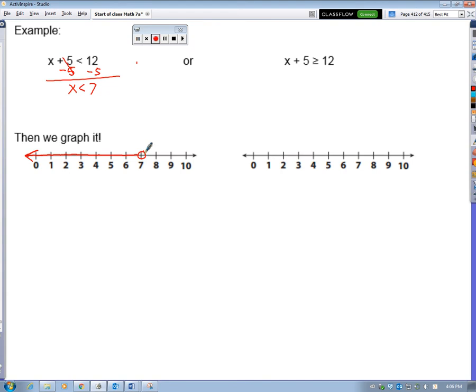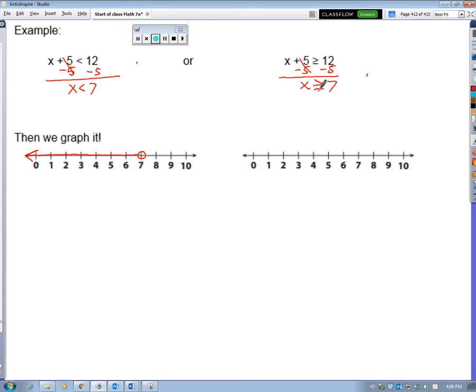Let's check out if we're going to graph this equation over here. It's the same thing we just did. Okay, we're canceling off the 5. Alright, so we have x is greater than or equal to 7. Okay, same answer, just our inequality sign changed a little bit.